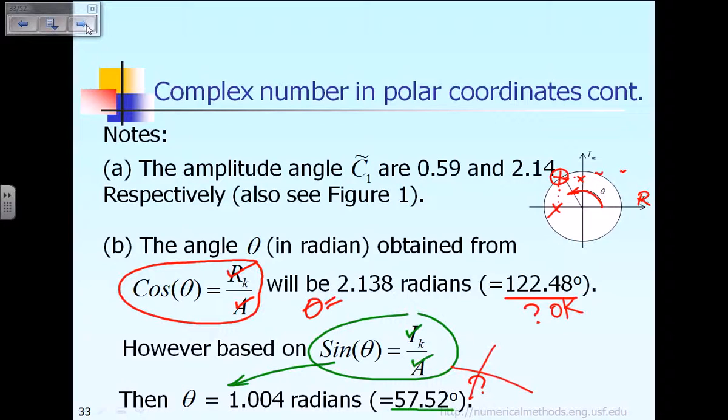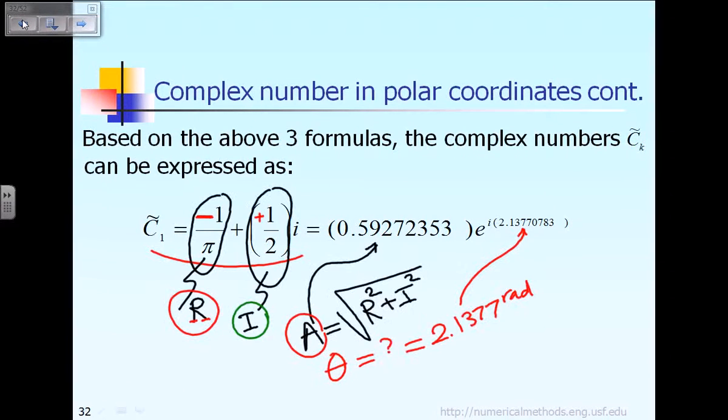So based on that, we conclude that for the complex number C tilde 1, instead of expressing it in terms of the Cartesian coordinate as minus 1 over pi plus 1/2 i, we can express that as the amplitude A, which is equal to 0.59, times e raised to the power i theta.